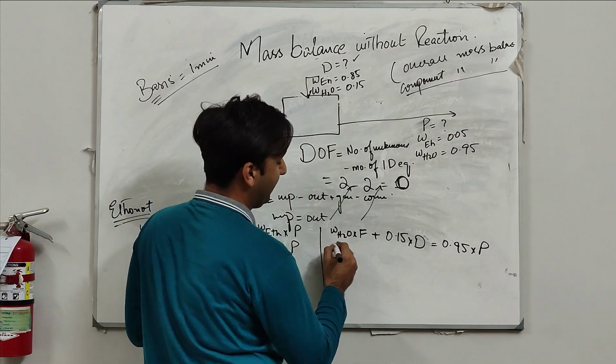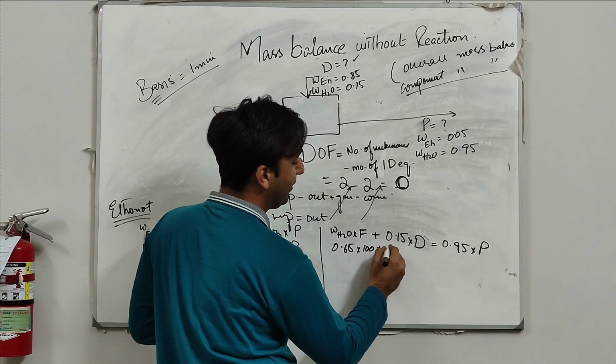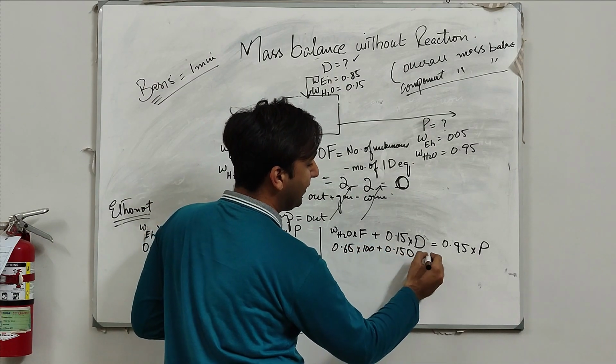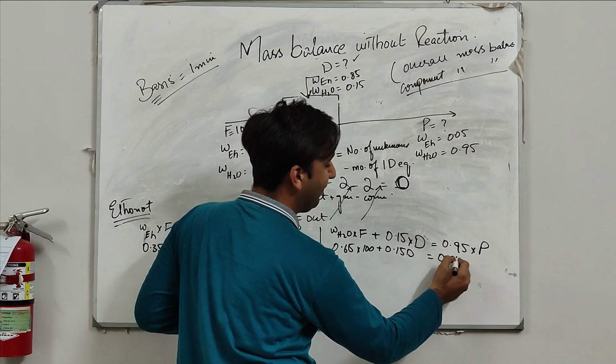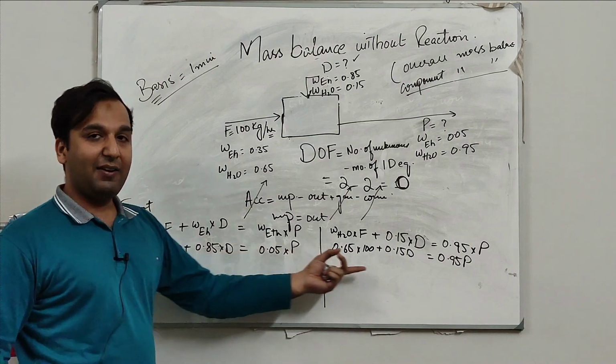This will be 0.65, if I input my known values, 0.65 multiplied by 100 plus 0.15 D is equal to 0.95 P. So now these two linear equations have been formed.